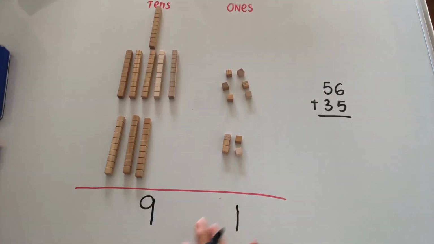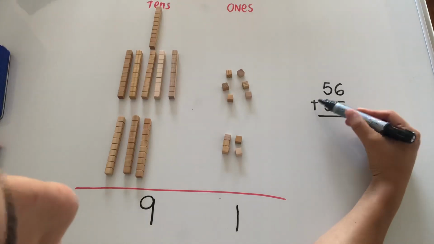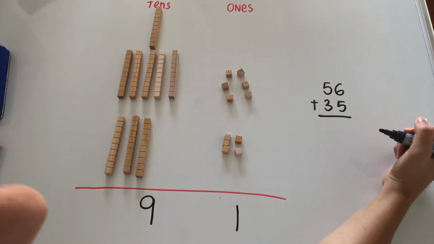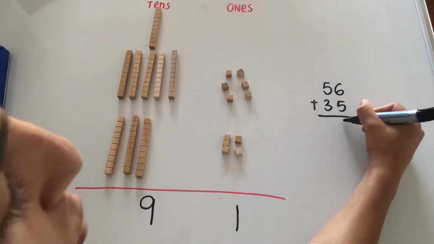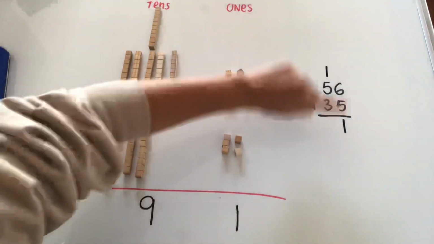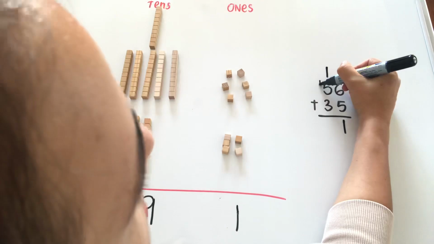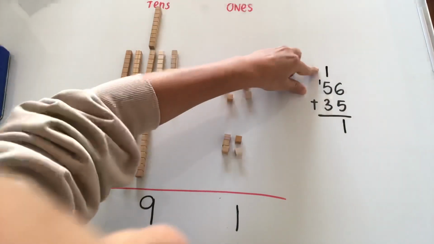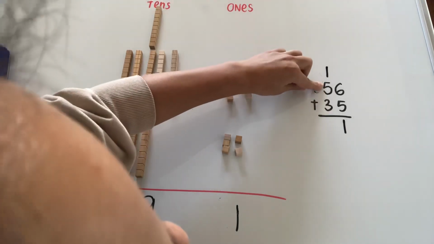If we were just writing it out as seen over here, we would do exactly the same. 6 ones plus 5 ones is 11 ones. We rename 11 ones to 1 one and 1 ten. What's really important is that we carry that 1 and we don't just write a little one. I know some of us do this, but we're not to do that because that's when we forget to add it to our tens column.